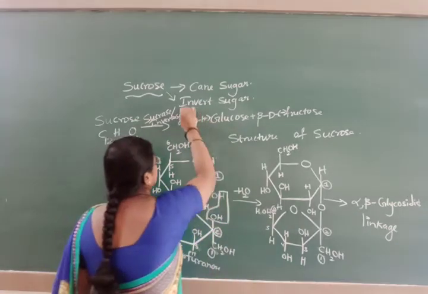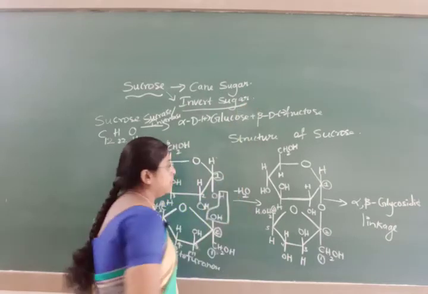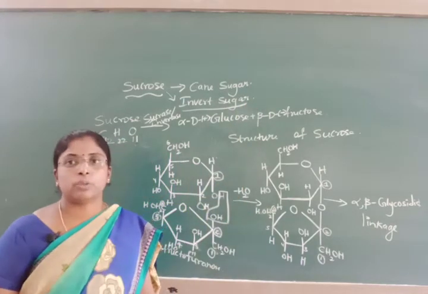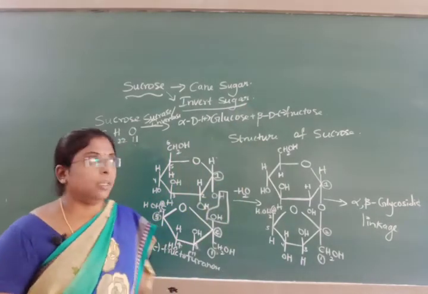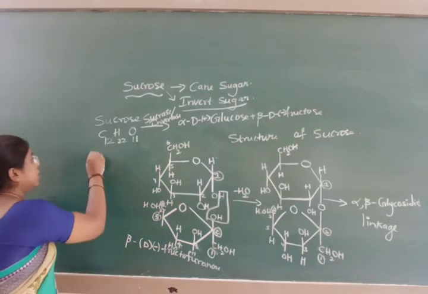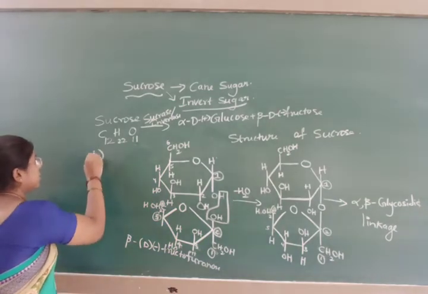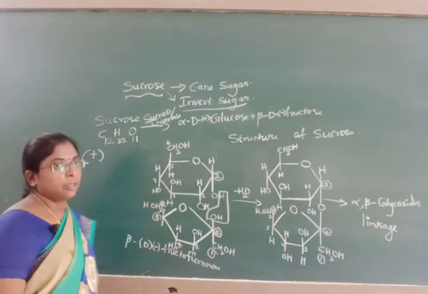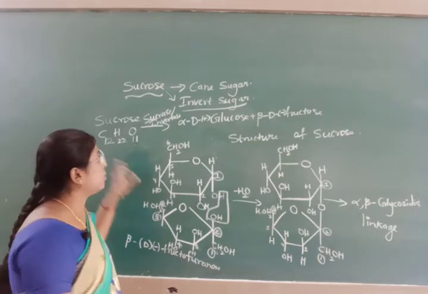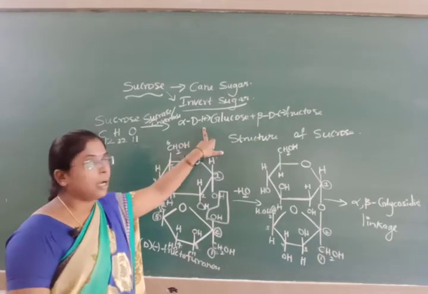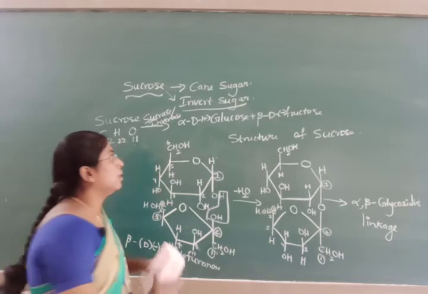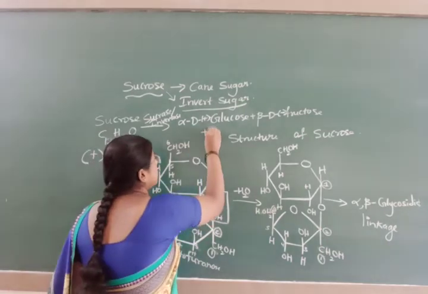Why do we call sucrose invert sugar? Initially sucrose is dextrorotatory, it has a plus sign. Sucrose on hydrolysis produces alpha D plus glucose, which is also dextrorotatory.